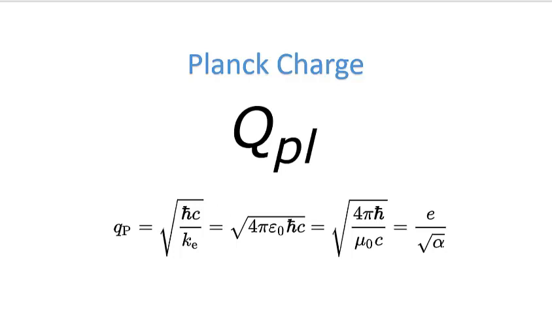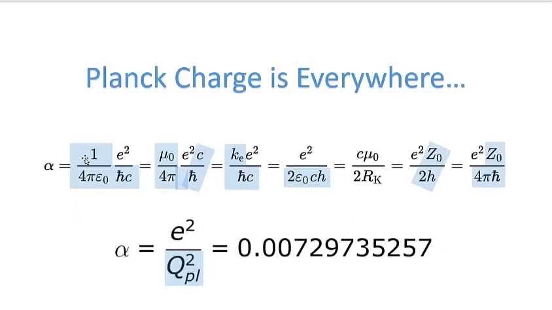So since I am using Planck's constant and not reduced Planck's constant, when I calculate Planck charge, I have to plug in the non-reduced Planck's constant into these equations. And so this is where Planck charge squared lives in all of these terms.